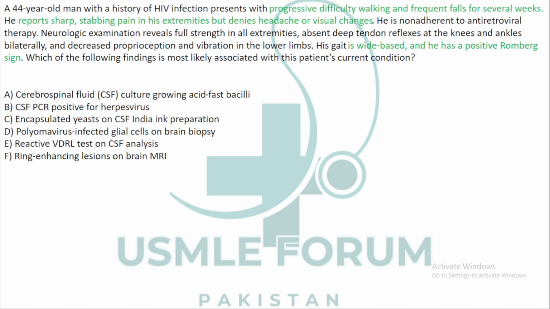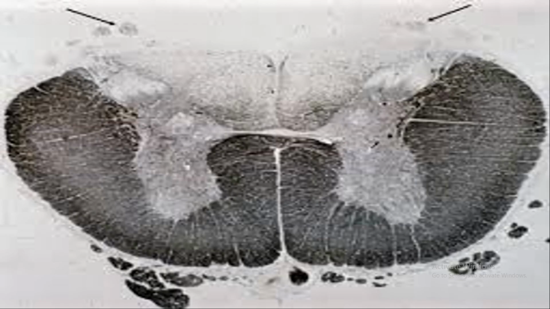This is the neurological signature of tabes dorsalis, right? It's a degeneration of the dorsal column pathway and dorsal roots. That's why the patient is also having sharp pain. You can see that in this figure that I have shown. Of course, this picture is from a public website, no copyright issue.